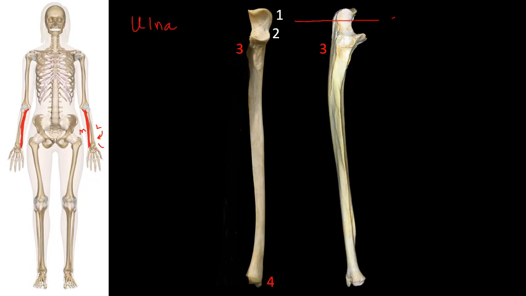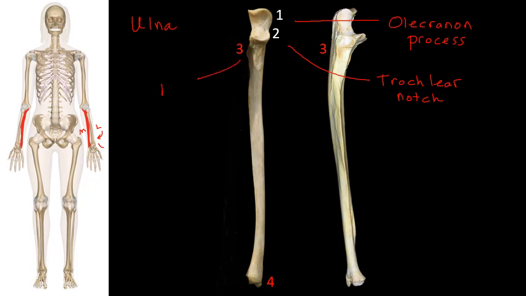We start off with the olecranon process, and then we move to the trochlear notch, and then we have the radial notch, and the styloid process.